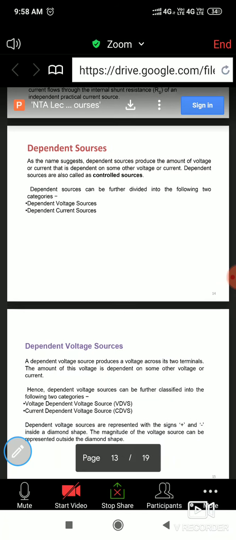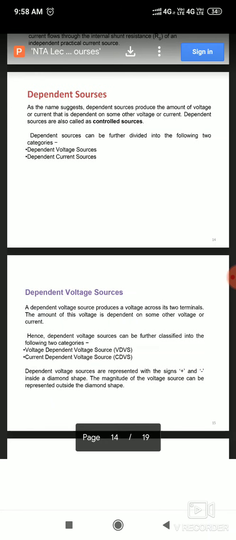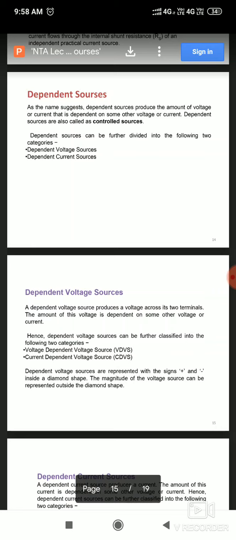Okay, this is about independent sources. Now next one, dependent sources. The name itself shows dependent sources means sources whose value depends on some parameters. So what are the parameters?